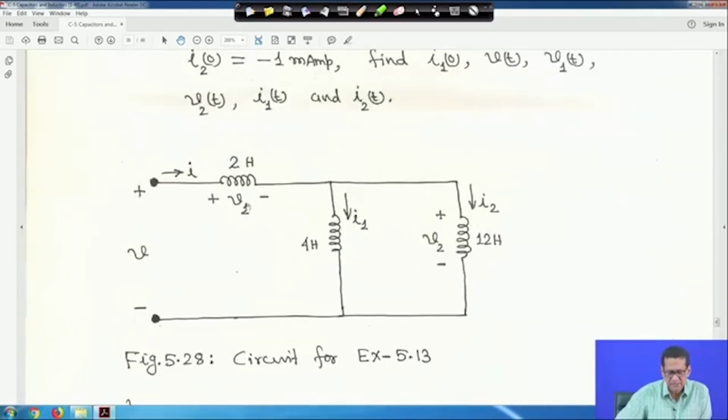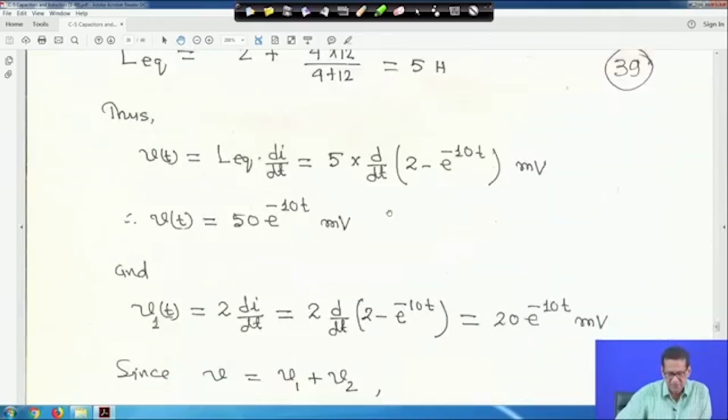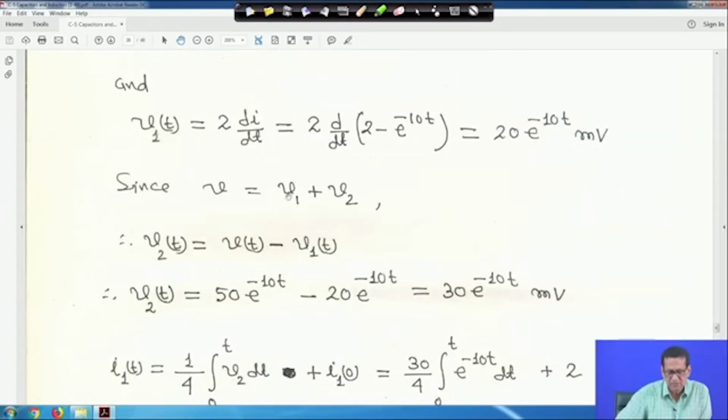This is the 2 Henry inductor and the voltage across it is v1, so it will be L into di by dt, which is 20 e to the power minus 10t millivolt.